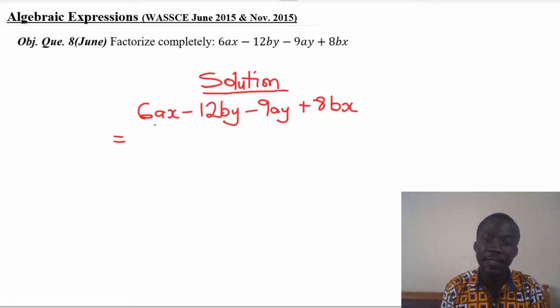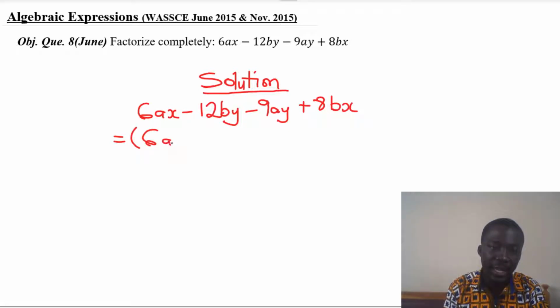Let's consider the first term and the third term. For the third term, you can factorize a number from 6 and 9, and when it comes to ax and ay, we can also factor a from there. So we can group them using 6ax minus 9ay as one group.